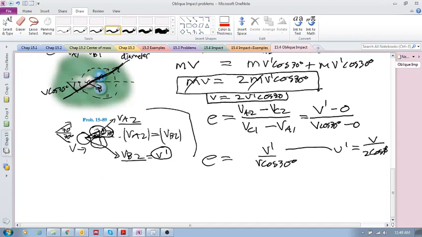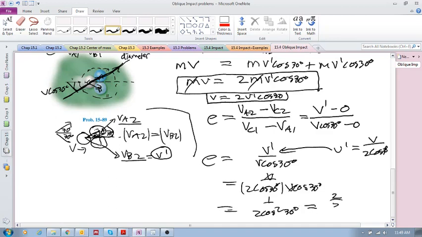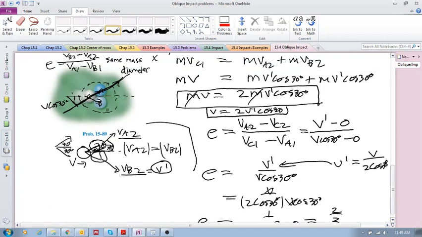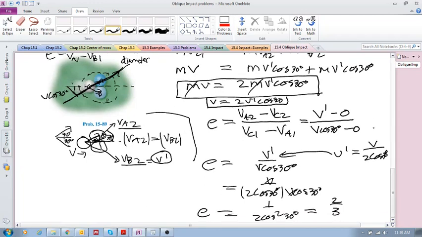And so we substitute this in there, and we're going to get V over 2 cos 30 times V cos 30. The V's cancel. We get 1 over 2 cos squared 30. And if you solve this, you're going to get 2 over 3. So the coefficient of restitution between C and A, or between C and B, is equal to 2/3.